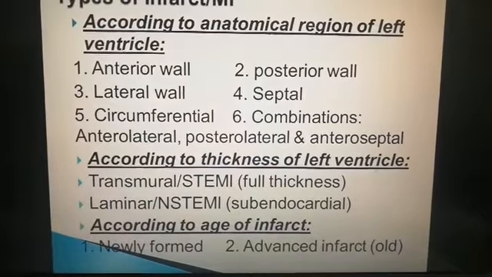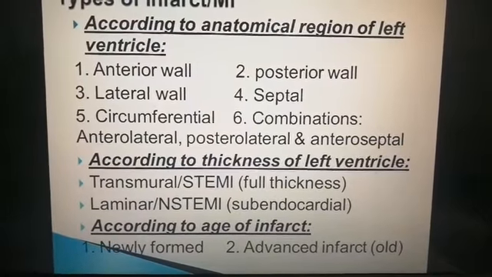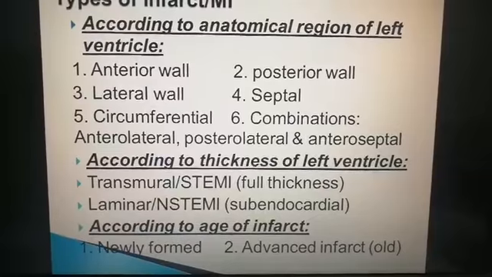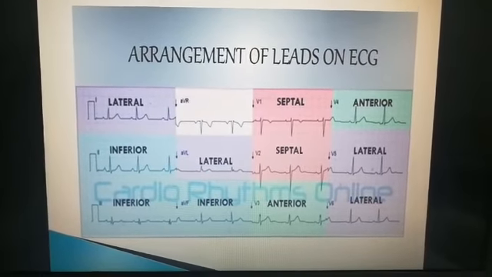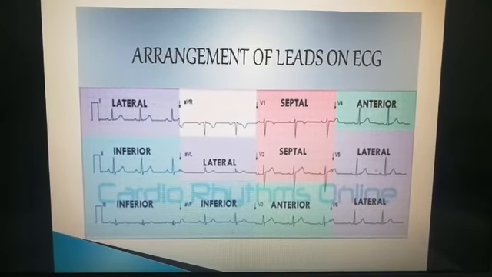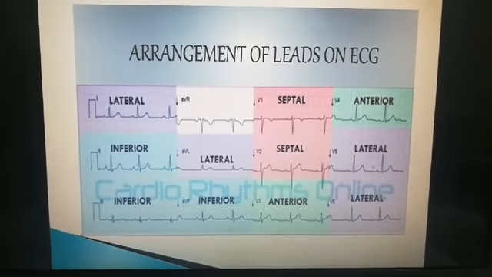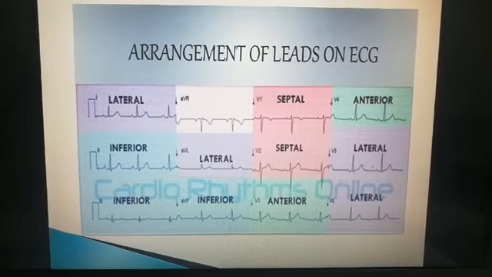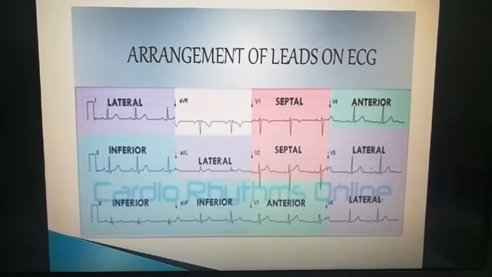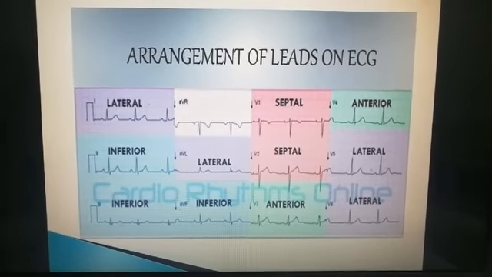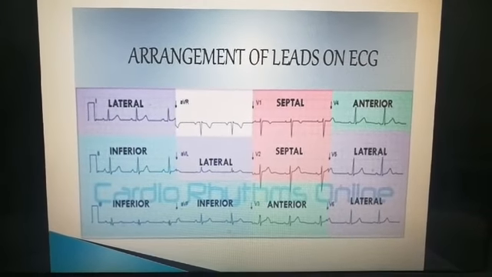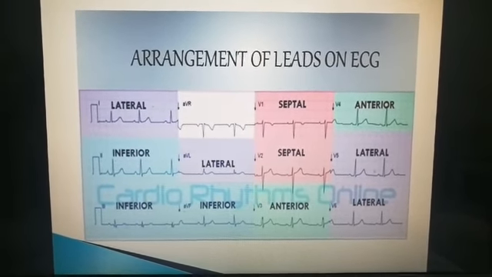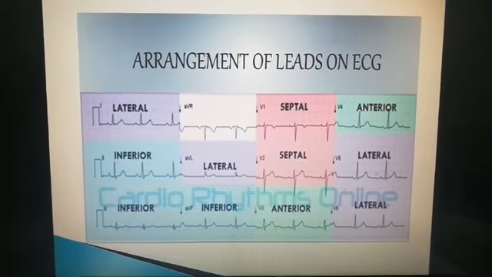V1 and V2 depict the septal region of the ventricle, and V3 and V4 depict the anterior wall.